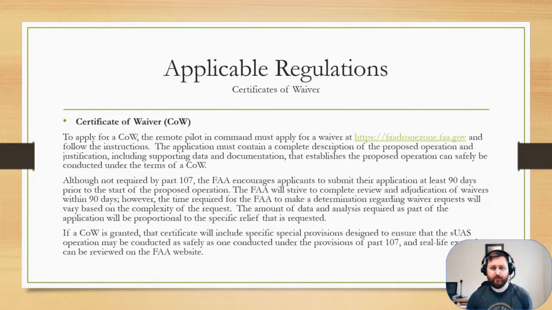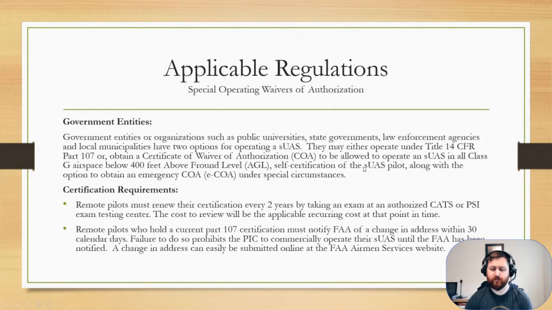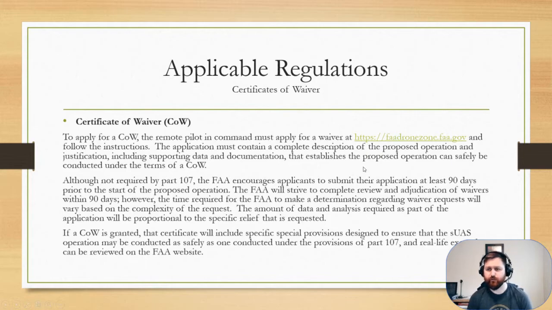So how do you apply for a COW? The FAA makes it pretty easy, and they have a lot of really good information on their site. It's a little hard to see, but it's faadronezone.faa.gov. You'll go there, find the link, and follow the instructions.